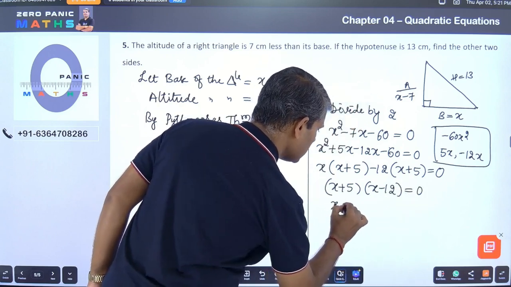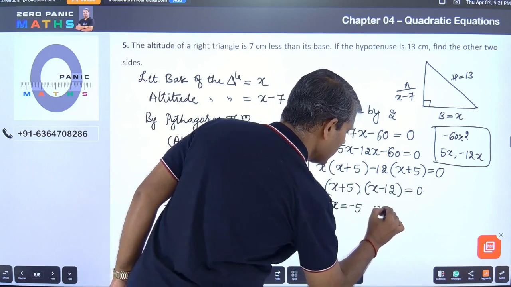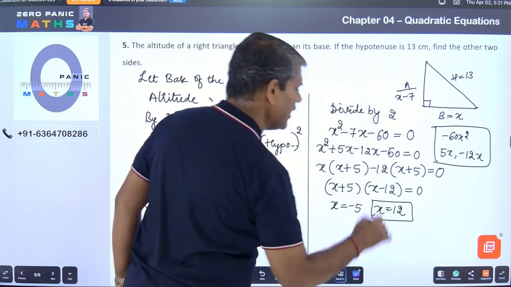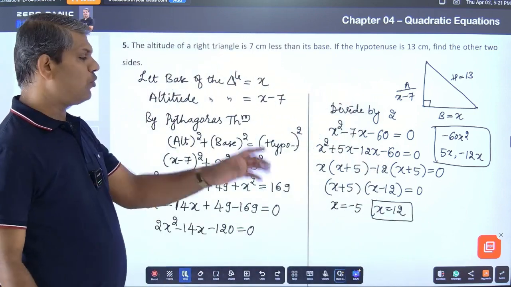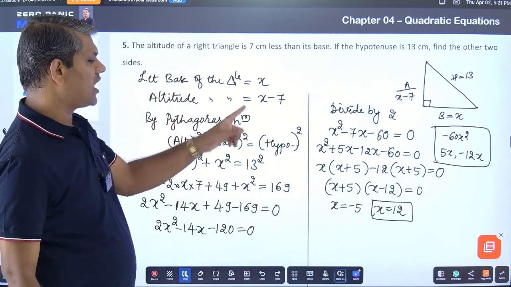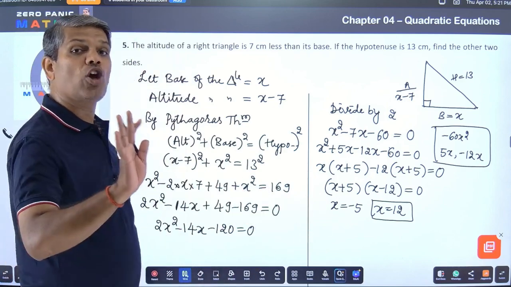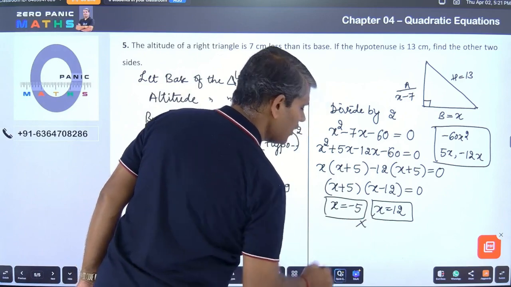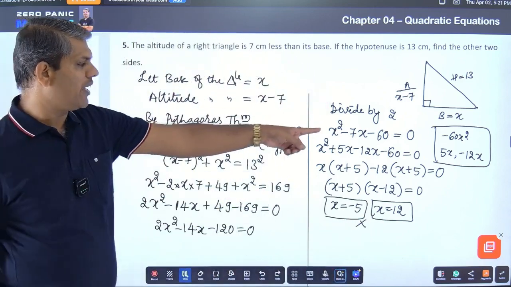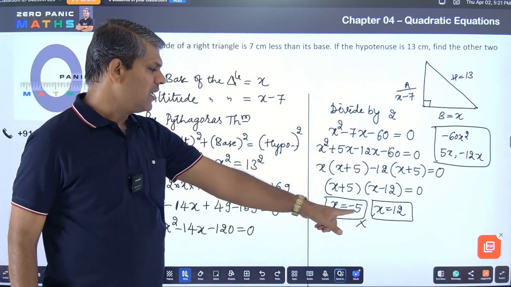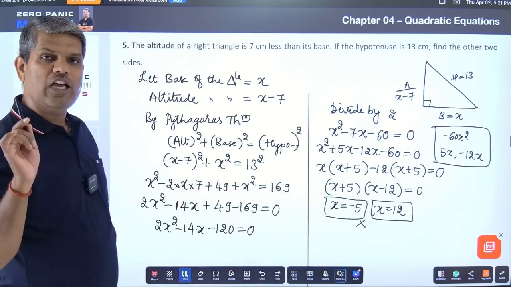So x is equal to minus 5 and x is equal to 12 are the two values. But again, the same rule applies here. Since we considered x as the base of the triangle, minus 5 cannot be the value of the base. So this is a root of this quadratic equation, but according to this given problem, x is equal to minus 5 is not a proper solution.